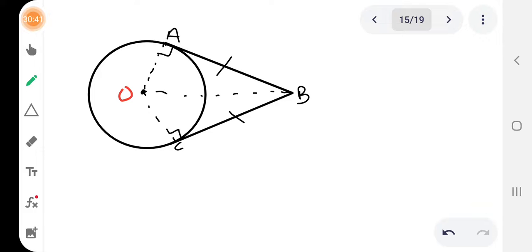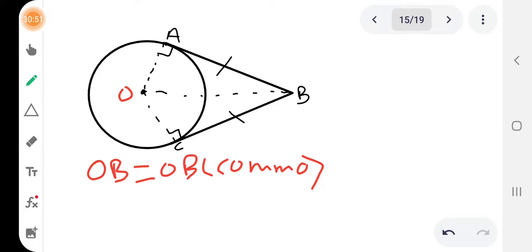We know that OB is equal to OB. Your reason is going to be common side. Okay, so in this case, you also know that AB is equal to CB.